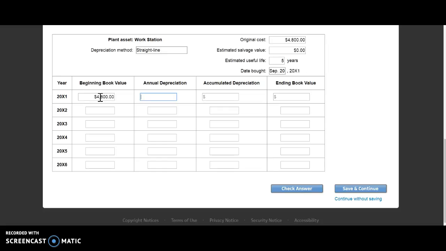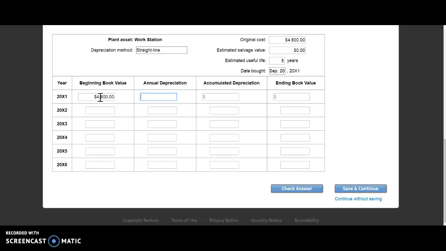Now we figured out that $960 was the annual depreciation. So now we have to figure out the monthly depreciation. So 960 divided by 12 means that that asset depreciates $80 a month. Now we figured out that we owned it for 3 months.